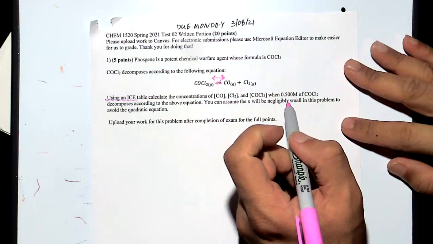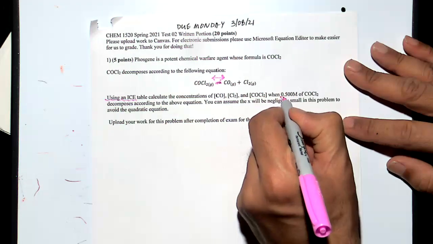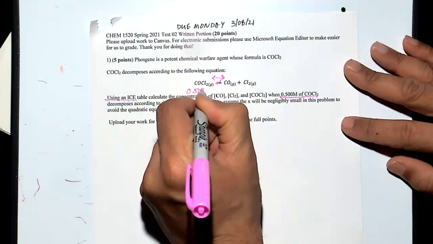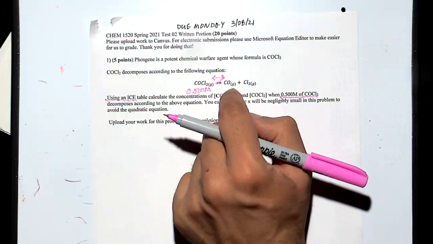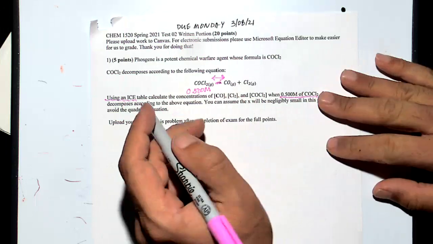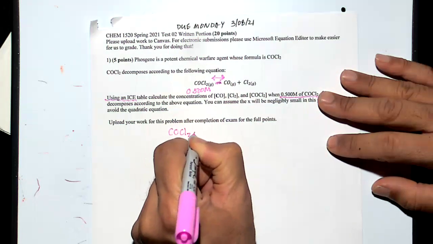They tell you initially you have 0.5 molar COCl2. So what will be the concentration of CO and what will be the concentration of Cl2? To construct your ice table, it's going to be like this.